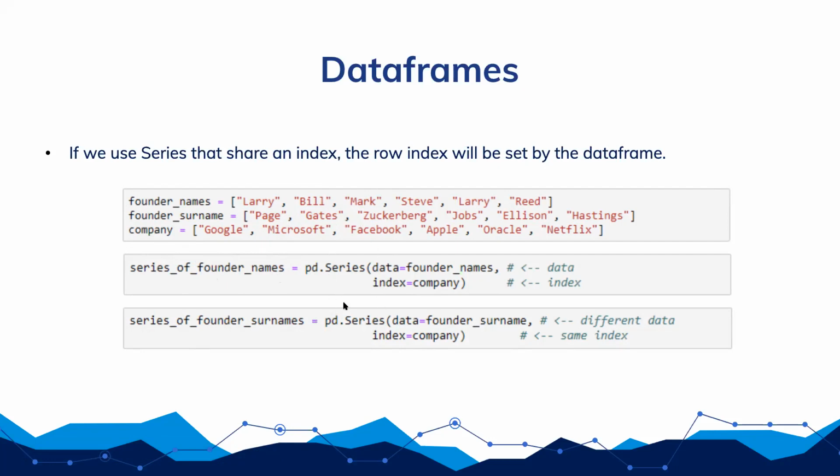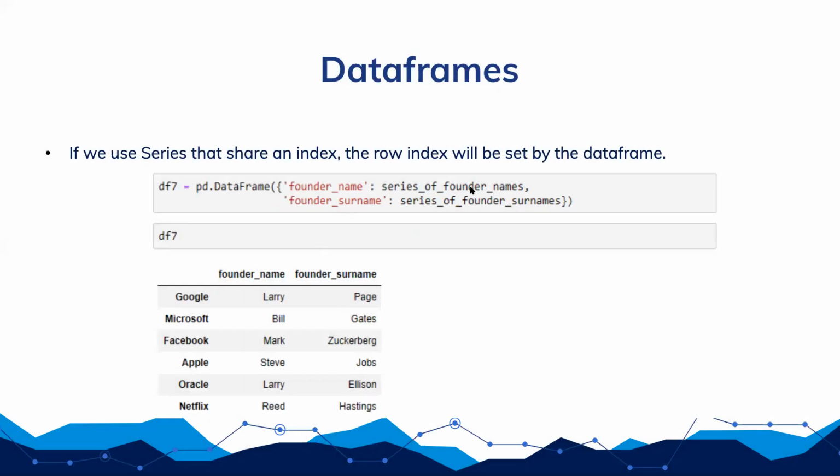So when you create the DataFrame from those series, you'll have a DataFrame with the same index. If you want to use two series to create a DataFrame, they both must match the index.